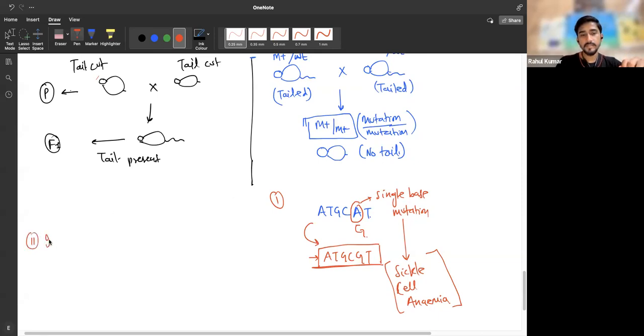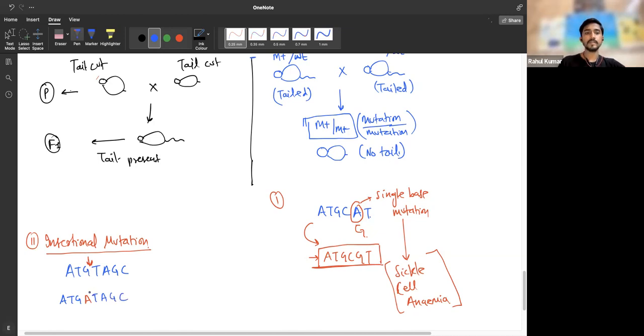The other possibility is insertional mutation. So there is a normal sequence, again, ATGTAGC, let's say. And at this locus, between G and T, there is an insertion that happened, because of which the sequence becomes ATGATAGC.